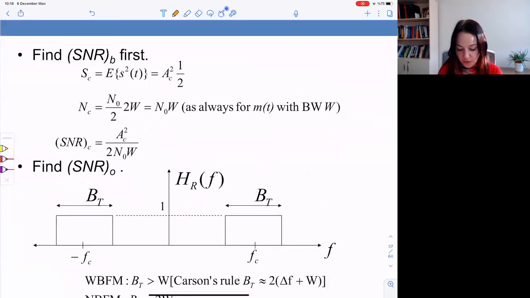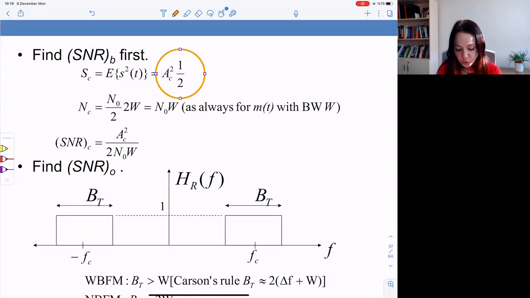So the signal power is A_C squared over 2, no matter what the message power is. What the message power is, as you know very well, affects the beta, affects whether the FM is narrow band or wide band, etc.